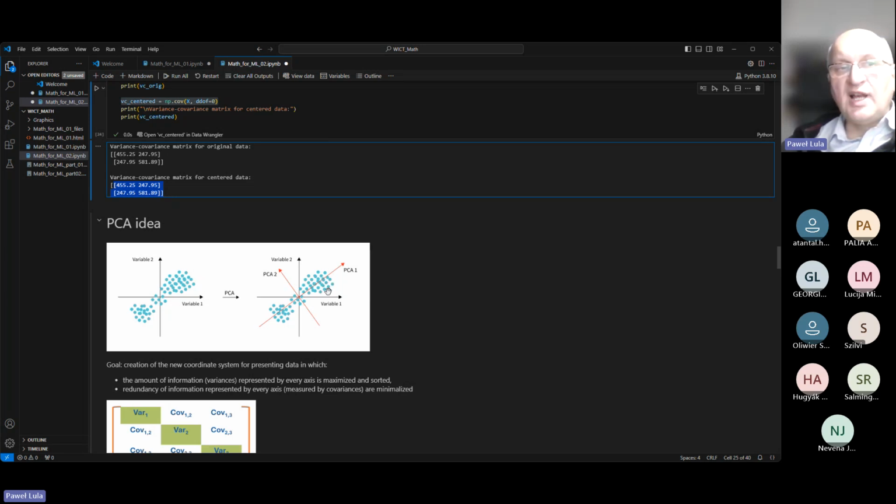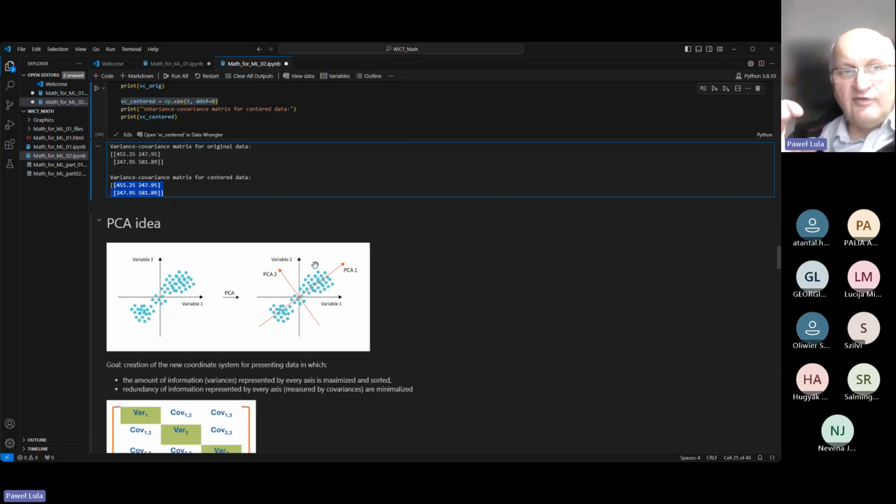So I'm going to maximize the variance. And ordered, or sorted, means that in the multidimensional case, when we have many axes, I'm going to have the biggest value of variance for the first axis, smaller for the second, smaller than for the second for the third, and so on.